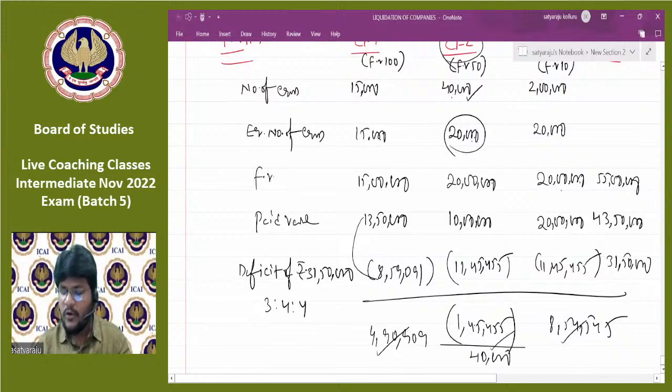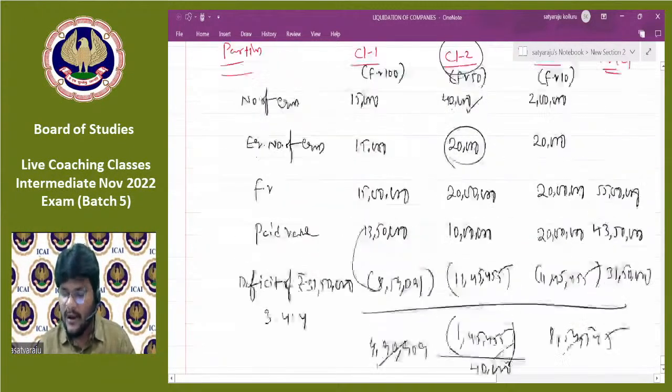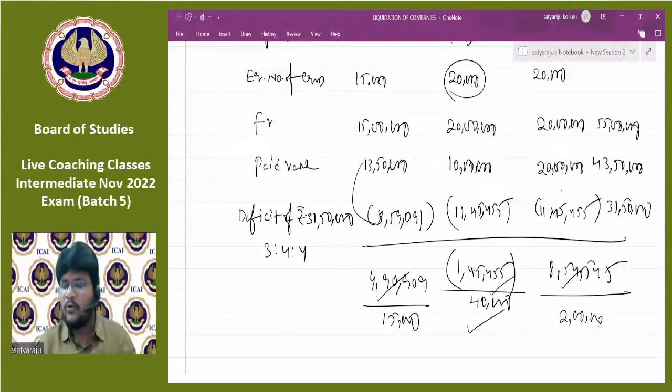Then the liquidator can easily understand per share how much they need to bring in cash. Then for class 1 and class 3, how much payment do we need to make? Divide by 15,000 here, and by 2 lakhs here. Then per share we can also easily understand how much we can pay to each class of equity shareholders. That's it, guys.